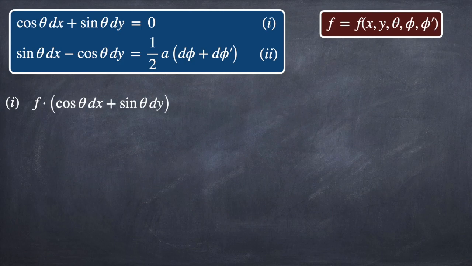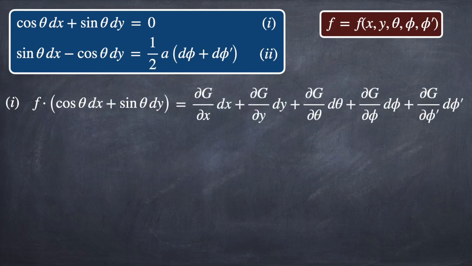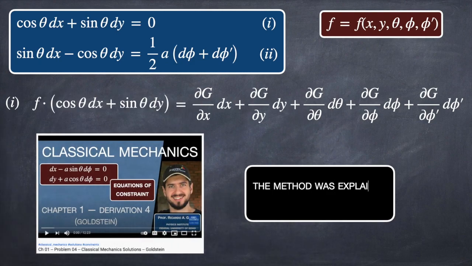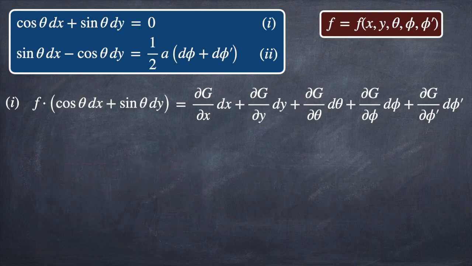We are not going to explain the method, we are going to use it, and this product is equal to an exact differential dg, and we can write it as partial derivatives with respect to the coordinates of g, which are the coordinates of the system as well, of x, y, theta, phi, and phi prime. So again, we will not explain the method, it was already explained in the previous video. We are going to use it.